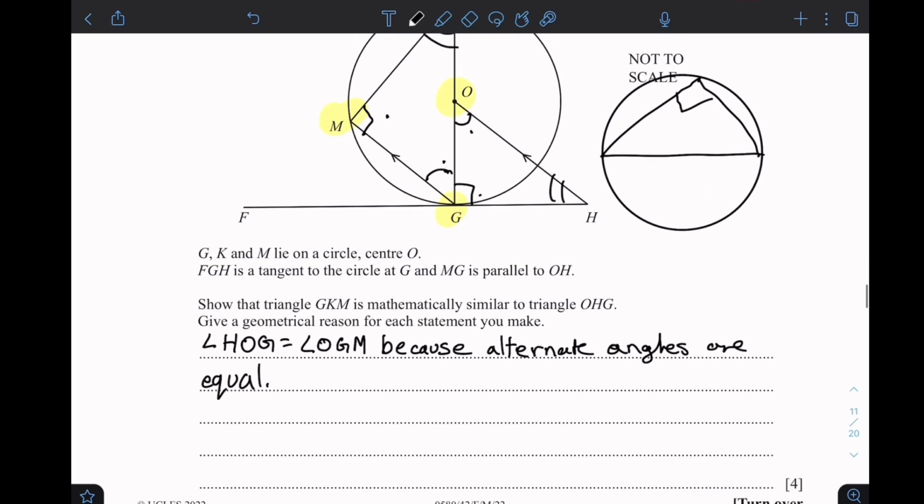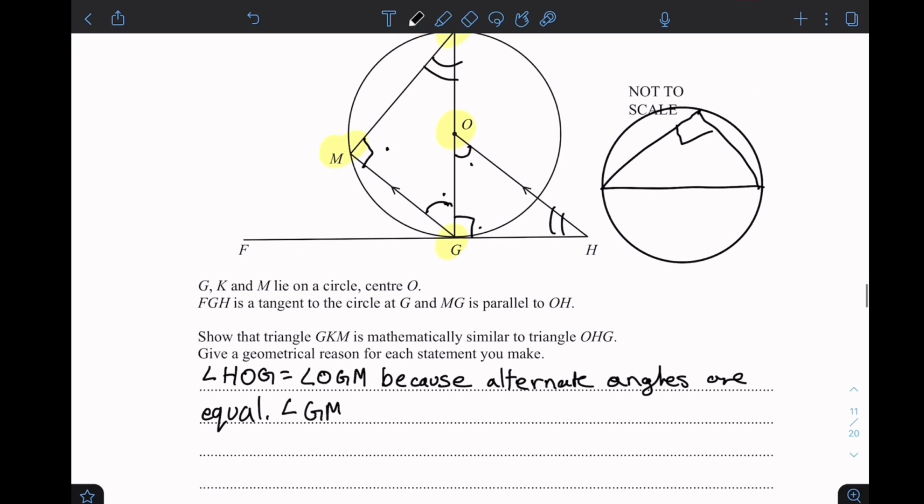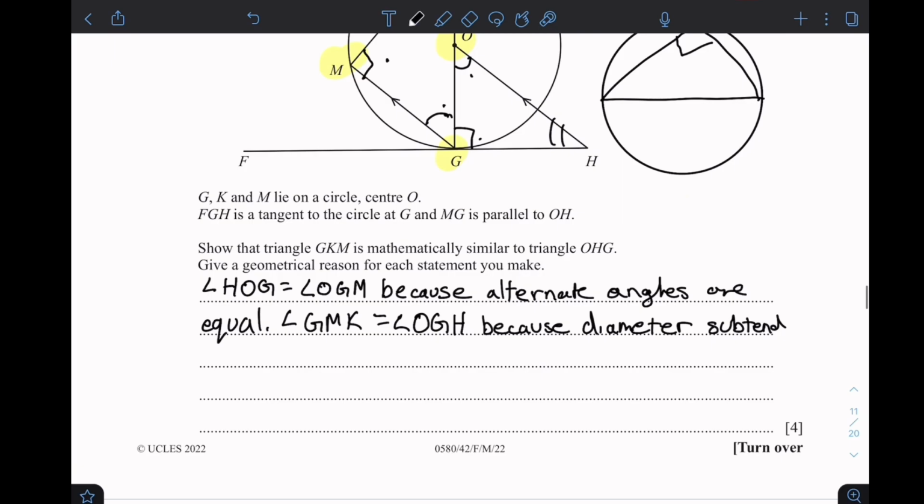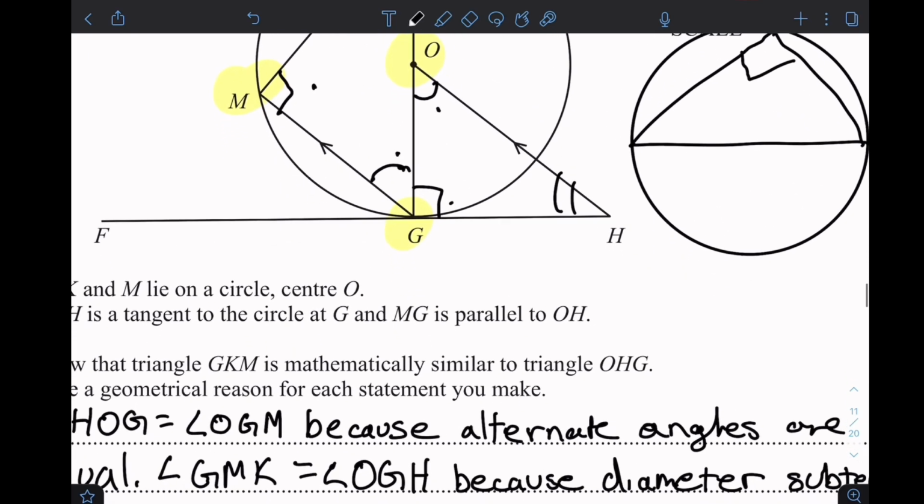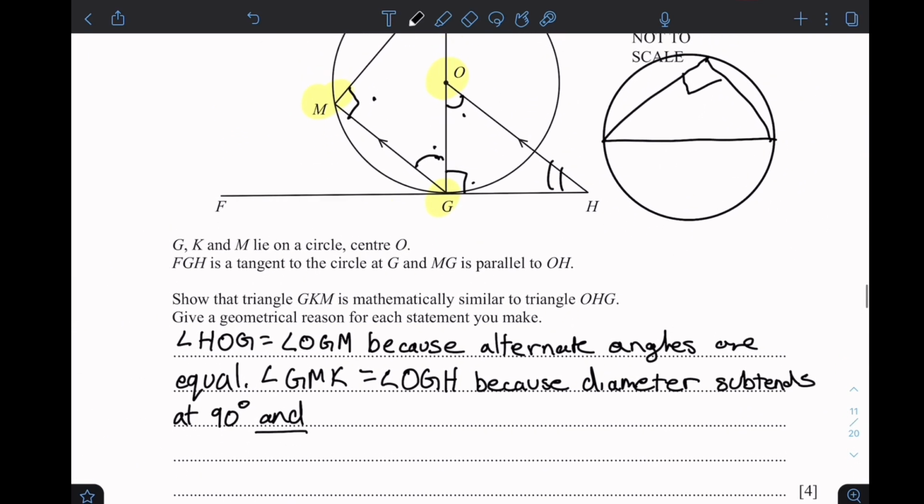Next, you can say GMK is equal to angle OGH because diameter subtends 90 degrees and because radius is perpendicular to tangent.